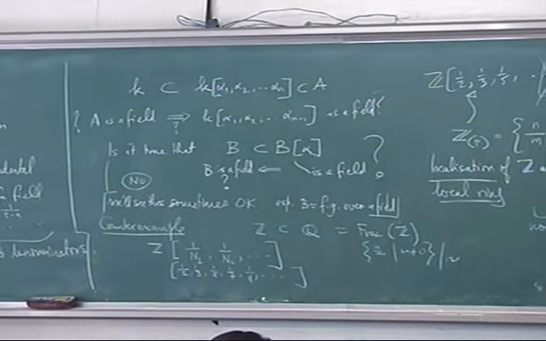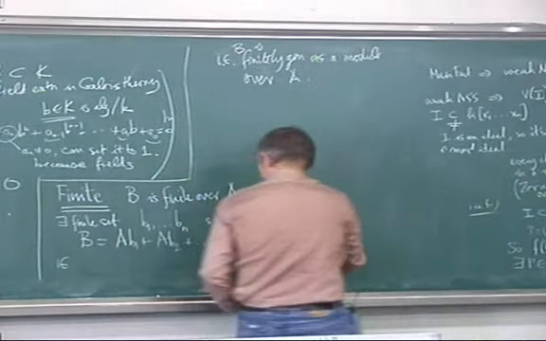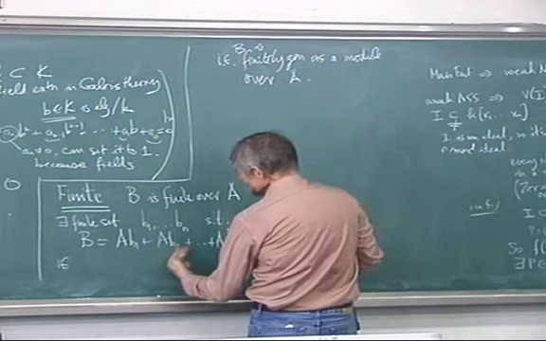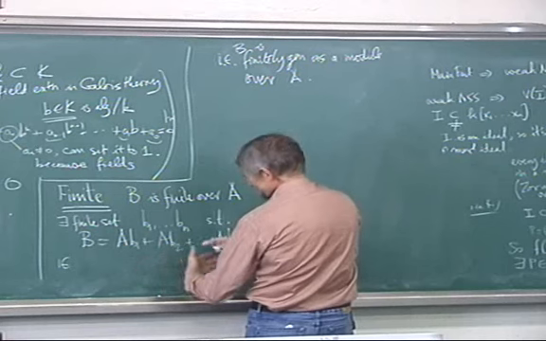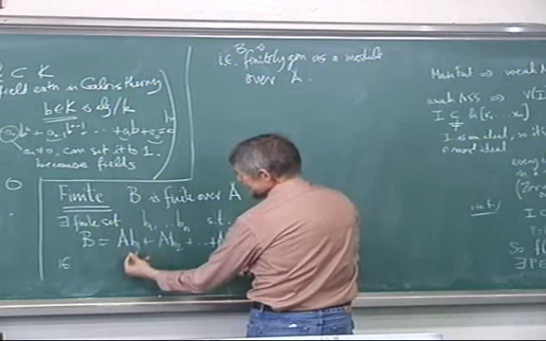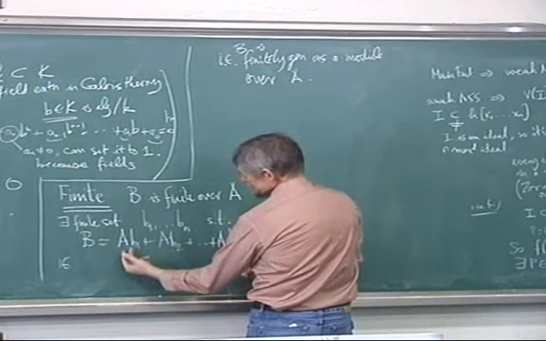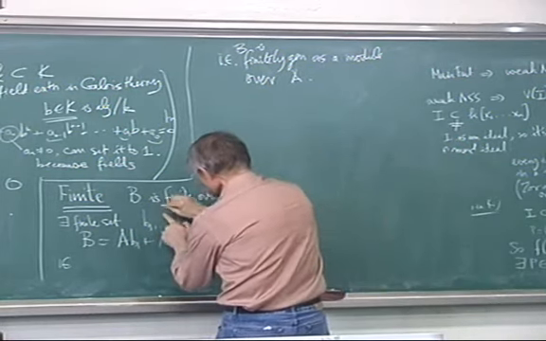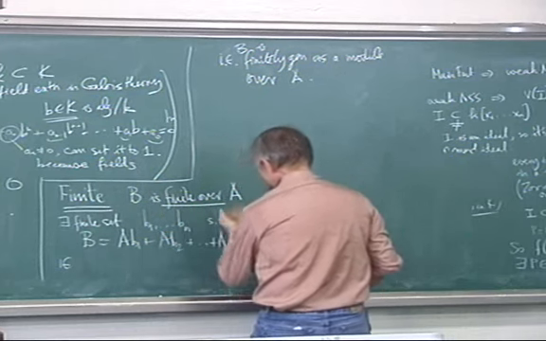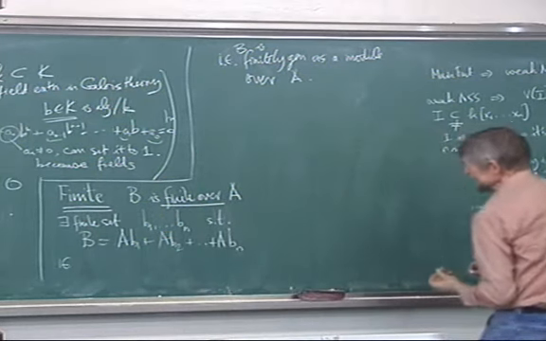When I'm doing this thing here, with the b_i, I'm only allowed to do linear algebra on them. I'm not allowed to take products of the b_i or powers of the b_i. I've got to take the b_i themselves, possibly multiplied by elements in A. So this is a finite module, a finite algebra.